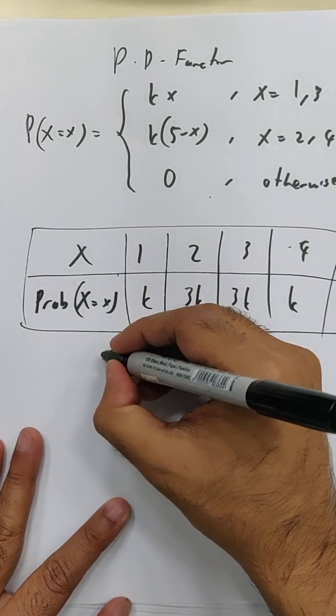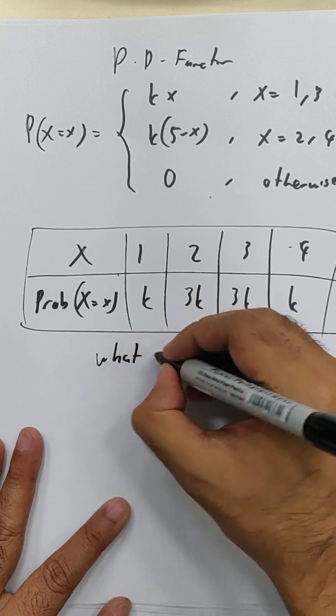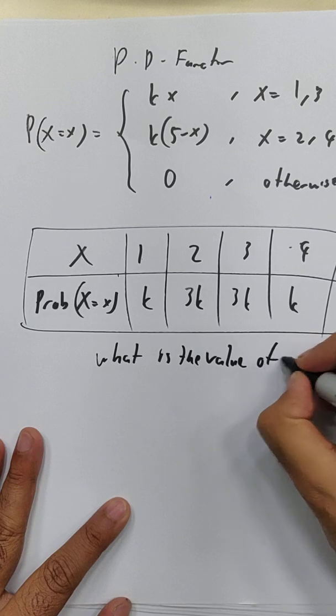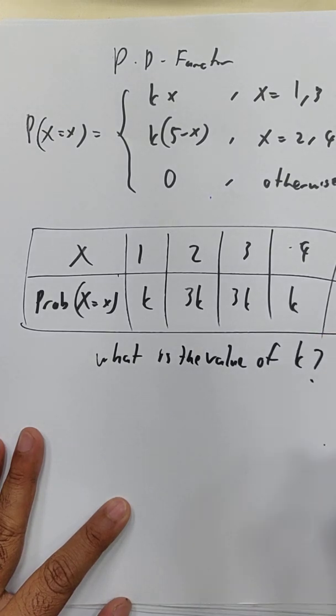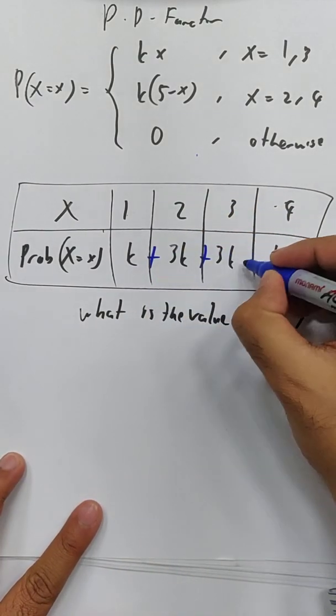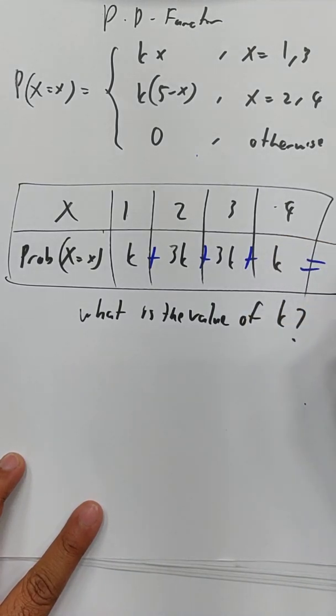Now what is k? What's the value of k? How are you going to find it? What information do we know about this? If I add everything, it's going to be equal to 1.